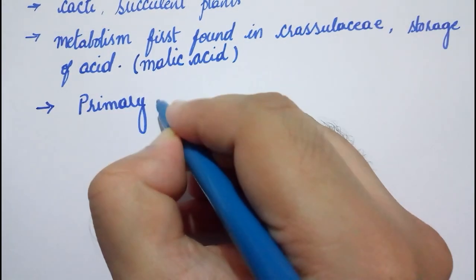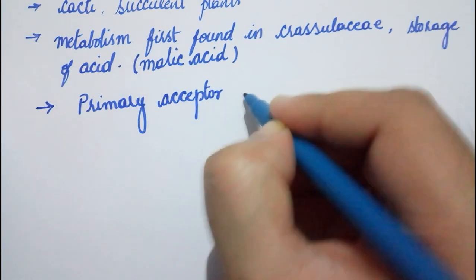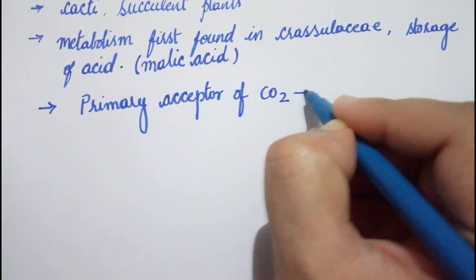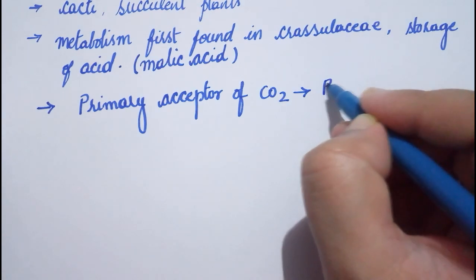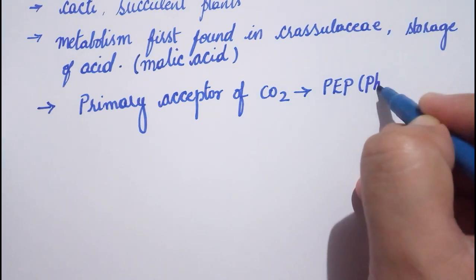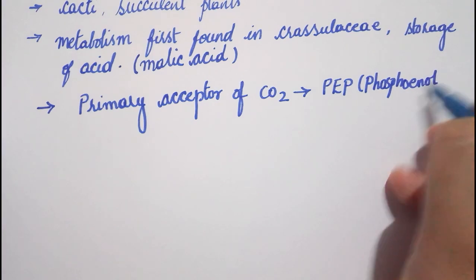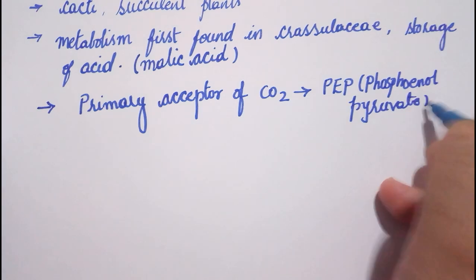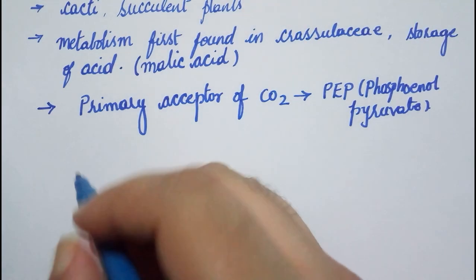Here also the primary acceptor of atmospheric carbon dioxide is going to be phosphoenol pyruvate, PEP. I assume that you know PEP stands for phosphoenol pyruvate. So this is the primary acceptor of carbon dioxide.